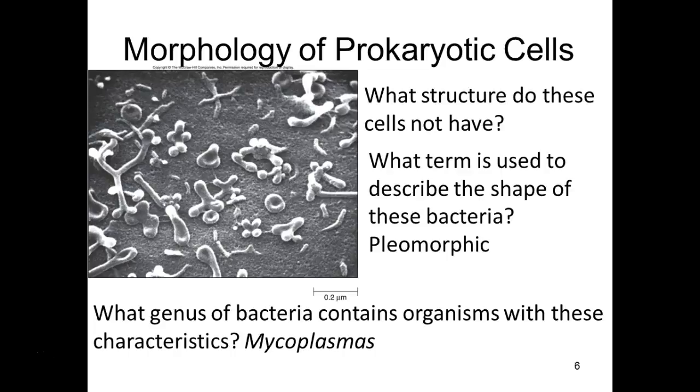So it's kind of mold-like, but it's not a mold. Mycoplasma pneumoniae is a species of mycoplasma that causes a mild form of pneumonia, commonly referred to as walking pneumonia, because people are up walking around and they don't realize how sick they are.